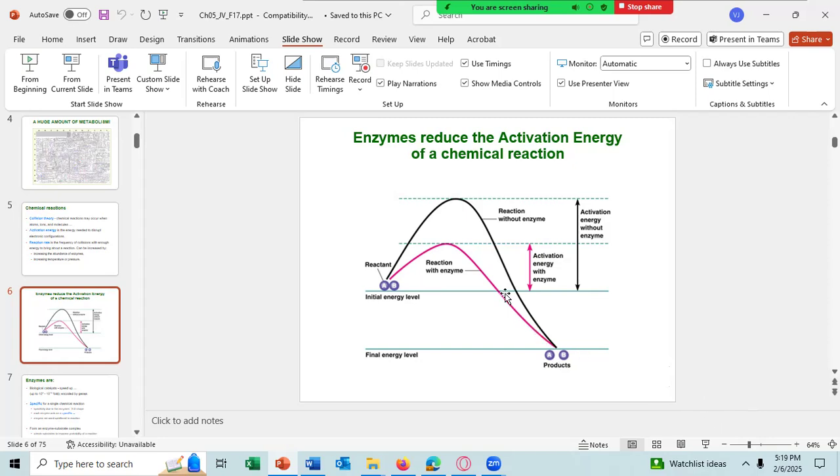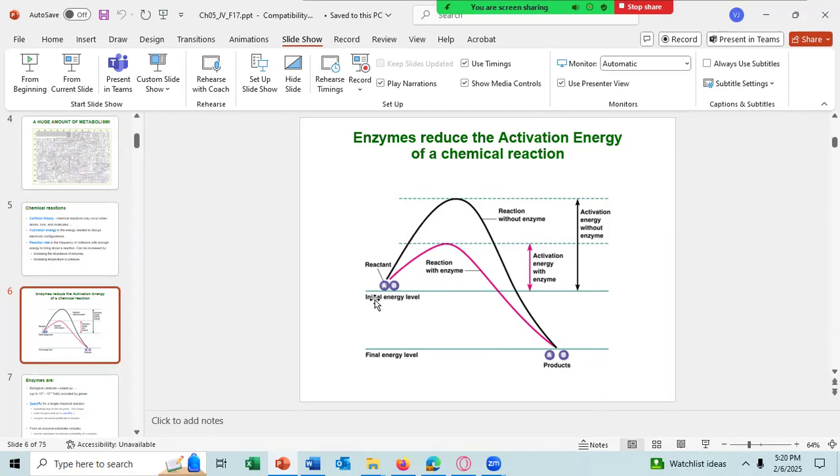I just don't know what it would be, but I do know how much energy you need to get glucose to change it into CO2 and water. And that is you need to heat it up to around 1,000 degrees. I don't know if that's Fahrenheit or Celsius. It doesn't matter. It's a very high temperature.